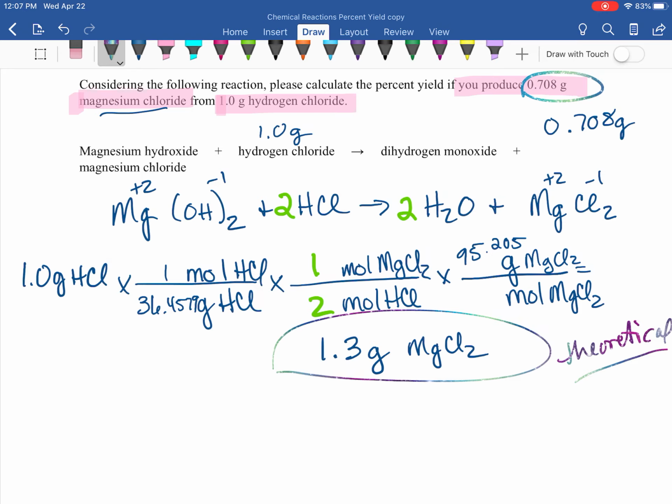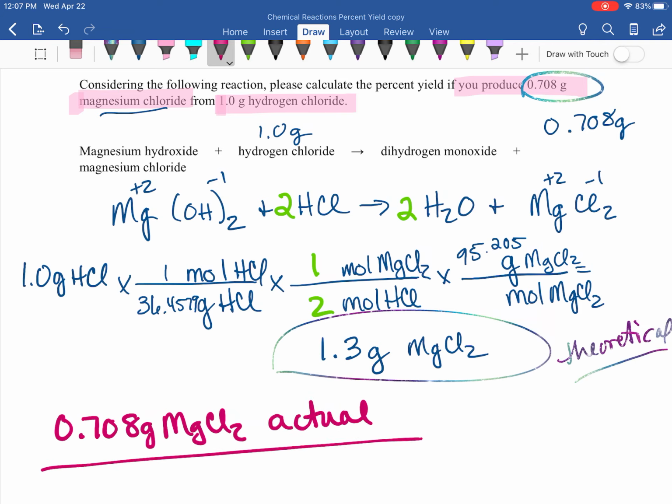All right, sparkle pen this, because this is in a perfect world. This is your theoretical. And now what was our actual? That 0.7 number. So let's calculate our percent yield. And let's divide by our theoretical, how much we could possibly make, times 100.